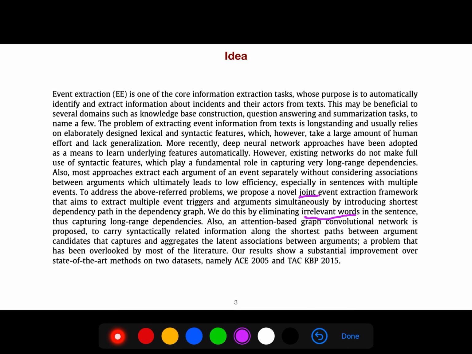Also, an attention-based graph convolutional network is proposed to carry syntactically related information along the shortest path between argument candidates that captures and aggregates the latent associations between arguments.